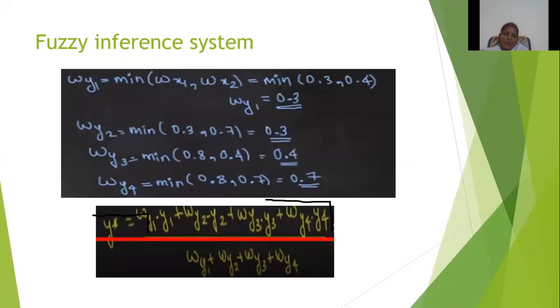So your output is evaluated using the weighted average defuzzification method. Okay, weighted average defuzzification method. So here you have evaluated W1, W2, W3, W4.